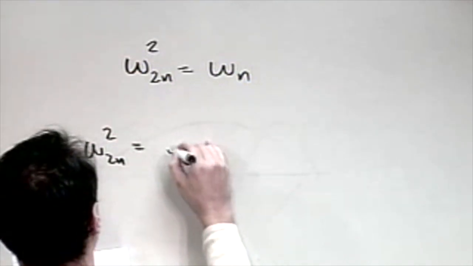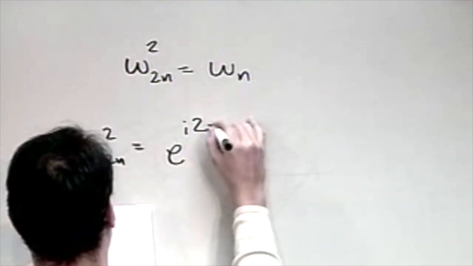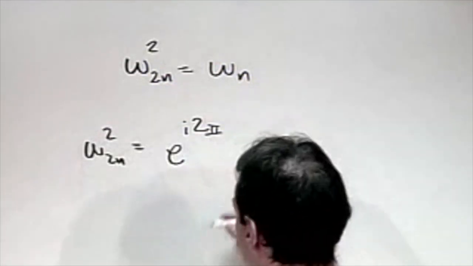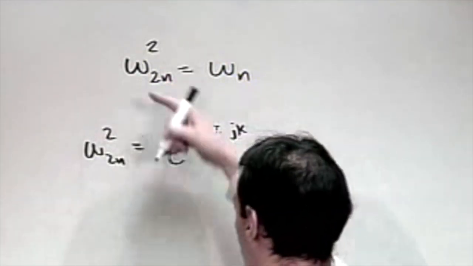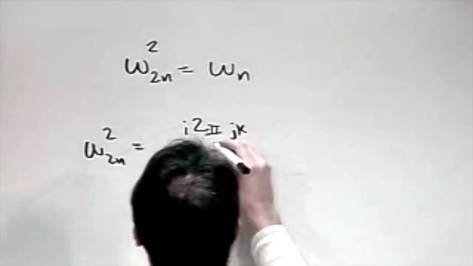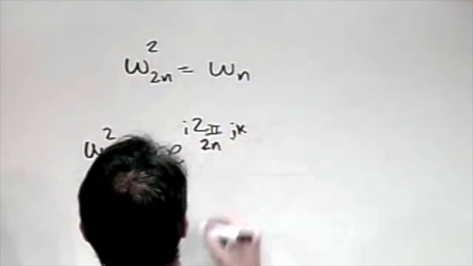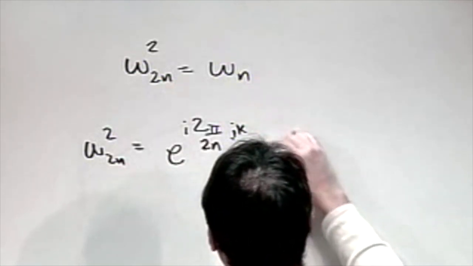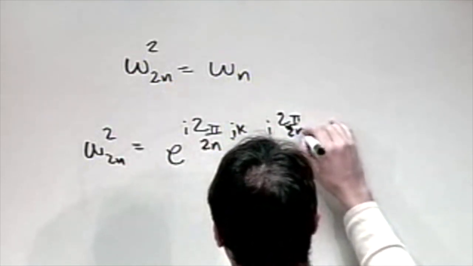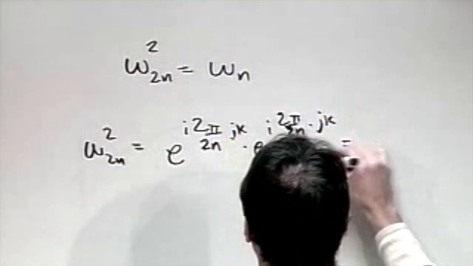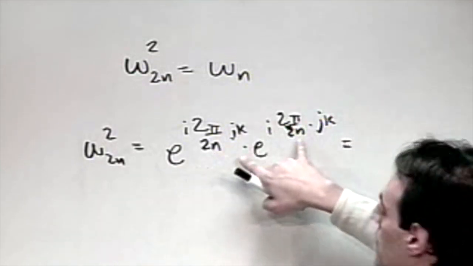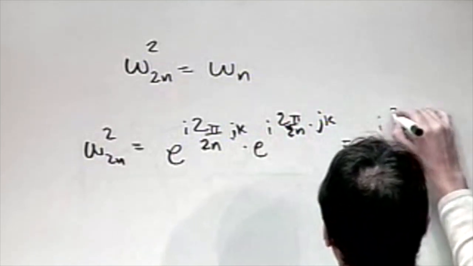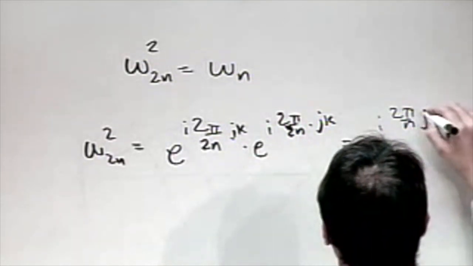Well, that is e to the i 2 pi, and here I'm just letting j and k float around for now. On the bottom I have 2n, because it's the 2nth component, and then e to the i 2 pi 2n jk. But there's 2n of those, so there's half of that one, half of that one. That is equal to e to the i 2 pi n jk.